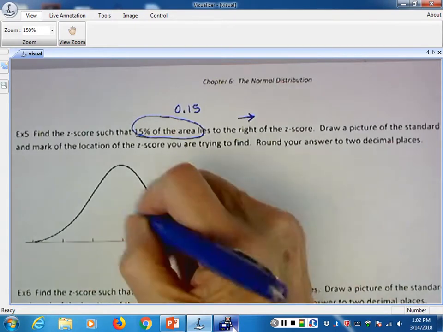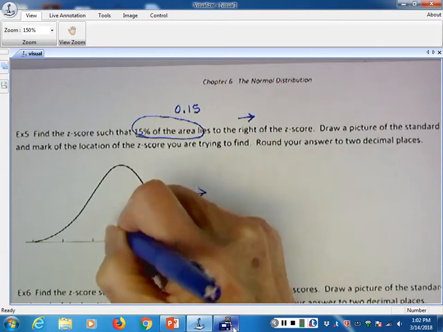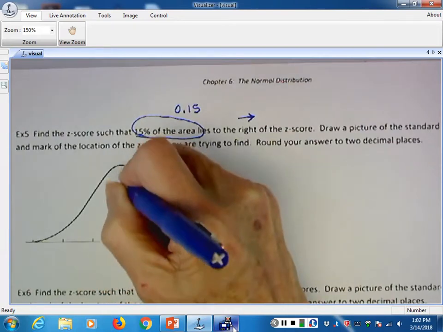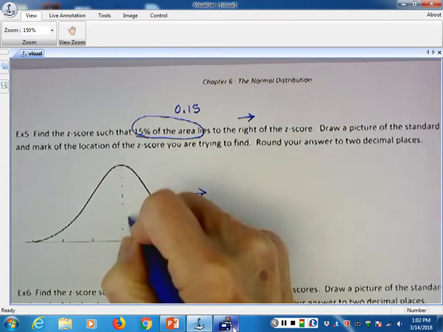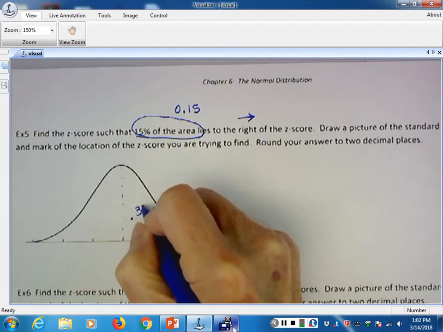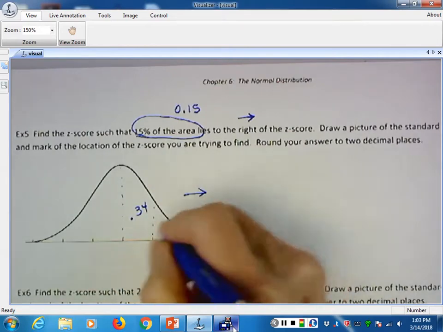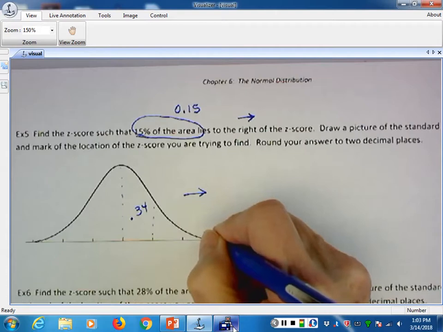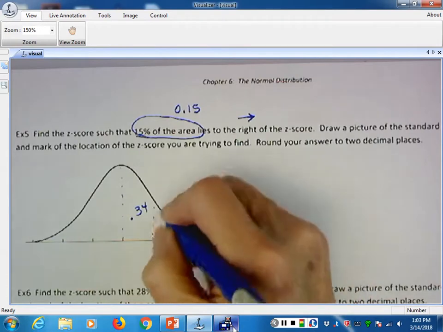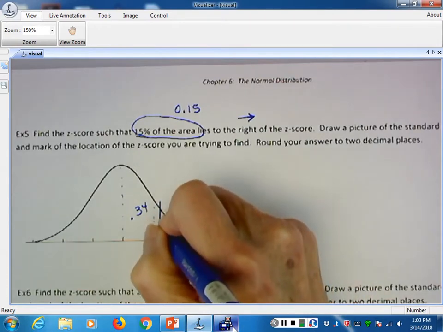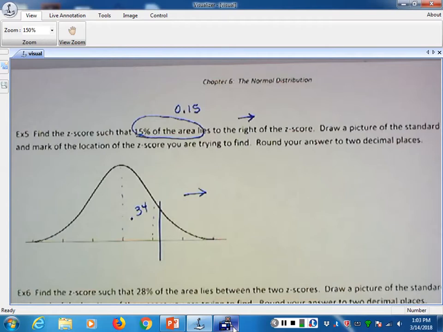And I know that between here and here is about 0.34. That's half of that 68%. Okay? So this whole thing is about 16%. If that's about 16%, I need just a little bit less than 16%.